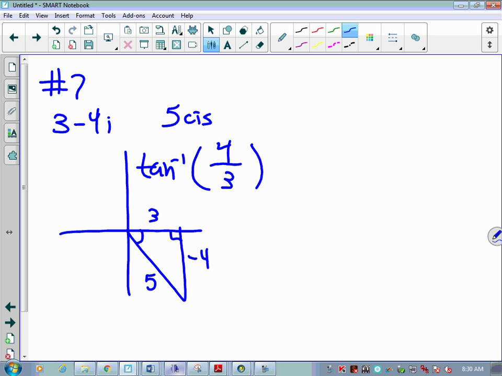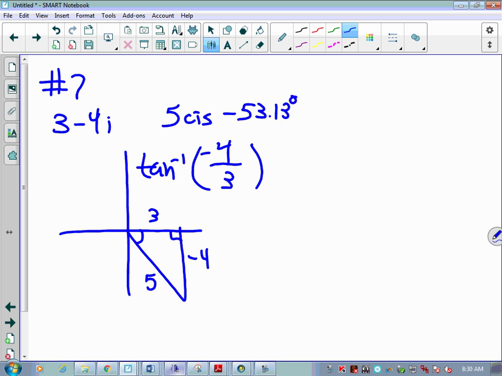All right, and I'm going to check and see, yeah, you can actually use the -4 here. So inverse tangent of -4/3, and that will give us our angle: -53.13 degrees.